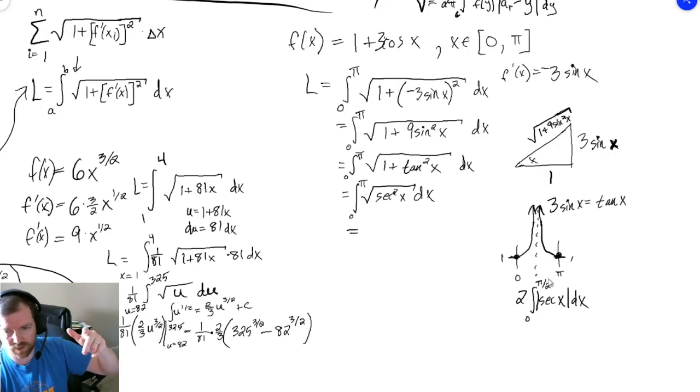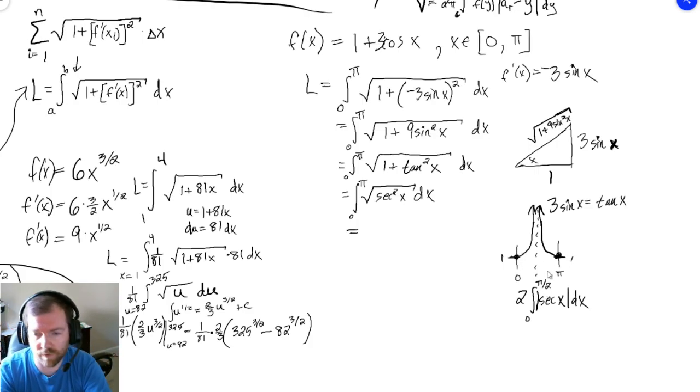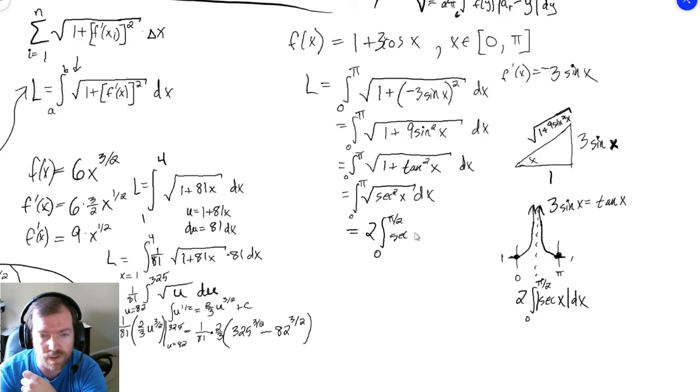From 0 to pi over 2 ends up getting you the same as from 0 to pi. So provided that this has a finite integral length, then we're going to be all right here. So twice the integral from 0 to pi over 2 of just secant of x dx.